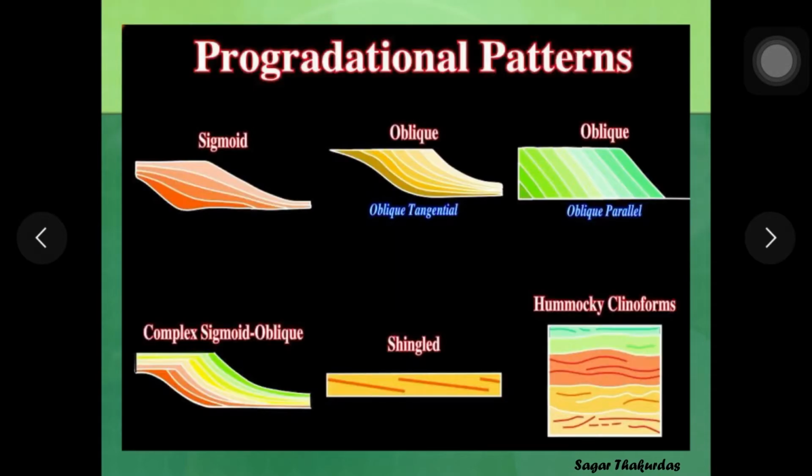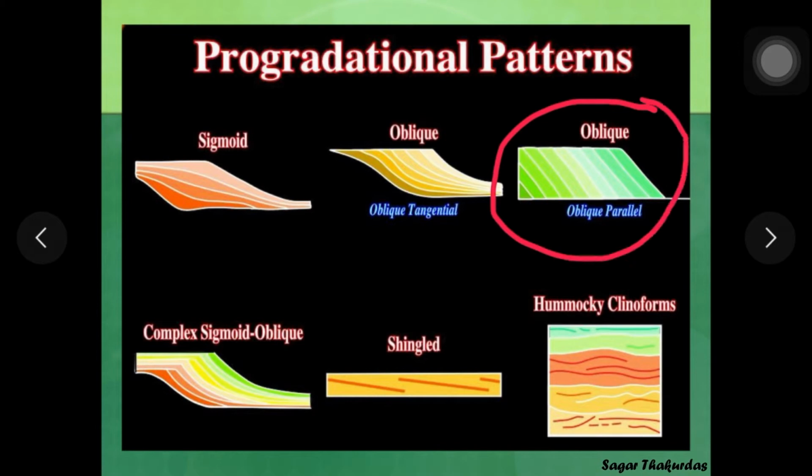So there are different progradation patterns which are seen in the deltas. You can see these patterns: sigmoidal, oblique, complex, and hummocky cross stratification can also be seen. This oblique kind of foreset laminae in the delta front sand can be seen in the Gilbert type of delta that we have seen previously.